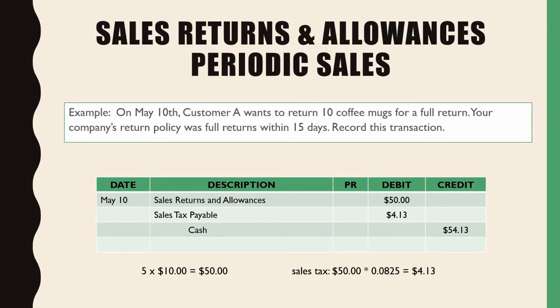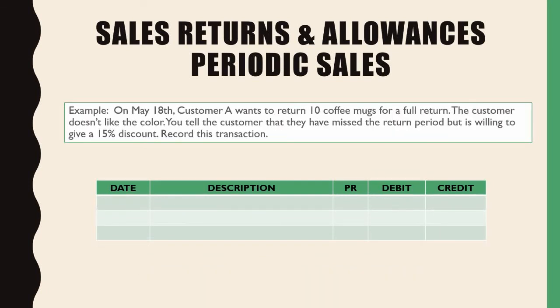Okay. The next example that we're going to be looking at is going to be an allowance. All right. Now, yes, you can actually, if you would like, have a separate account for just sales returns and then just sales allowances. But for this case, they kind of function the same exact way. So this is why we just combine them together anyway, because ultimately they're decreasing the same account, which is your income, right?